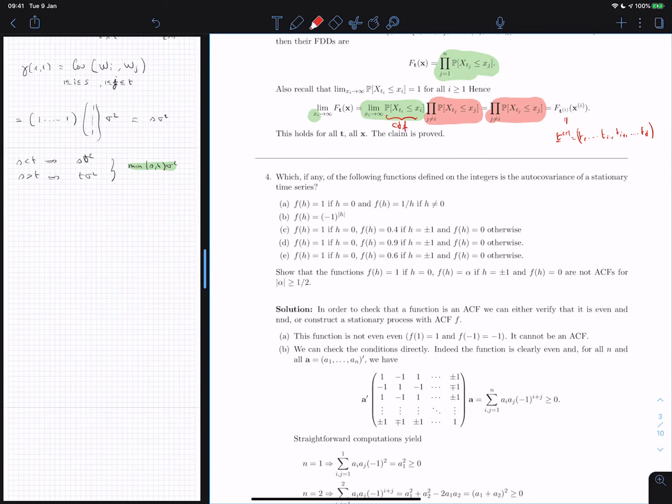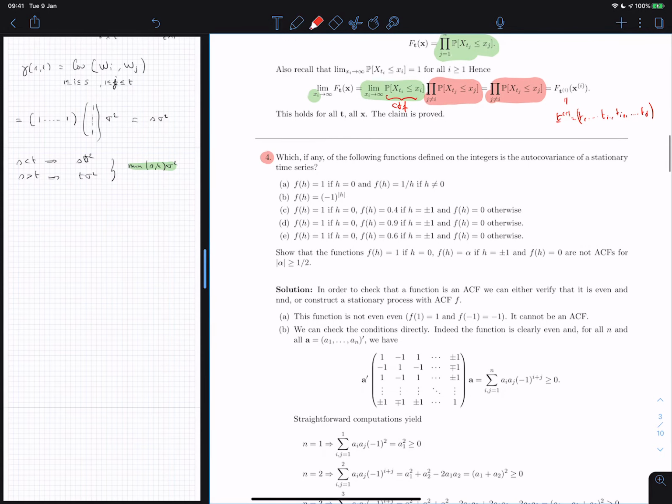Okay, the next question is much more interesting. Did you try it out? This one, question 4. I personally didn't. Damian, you didn't. Those of you who didn't try it out, I'm going to ruin the surprise because it's surprisingly hard.